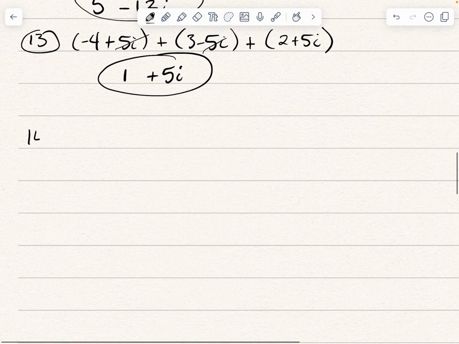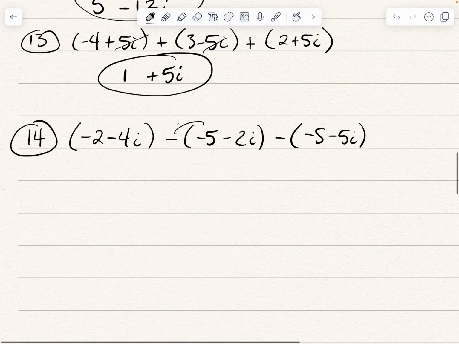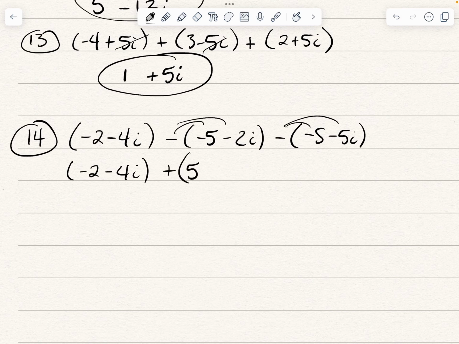Okay, let's look at number 14. All right, 14 is -2 minus 4i, minus -5 minus 2i, minus -5 minus 5i. So in this case, I have 2 parentheses that I need to distribute the negative through. So I'm just going to rewrite the first, plus -1 times -5 is a +5 plus 2i.